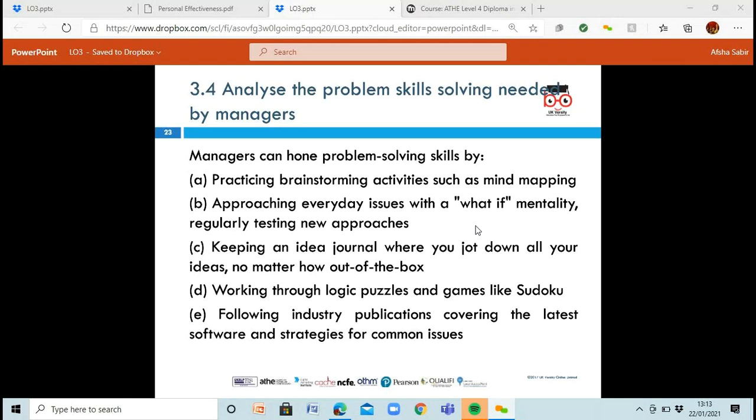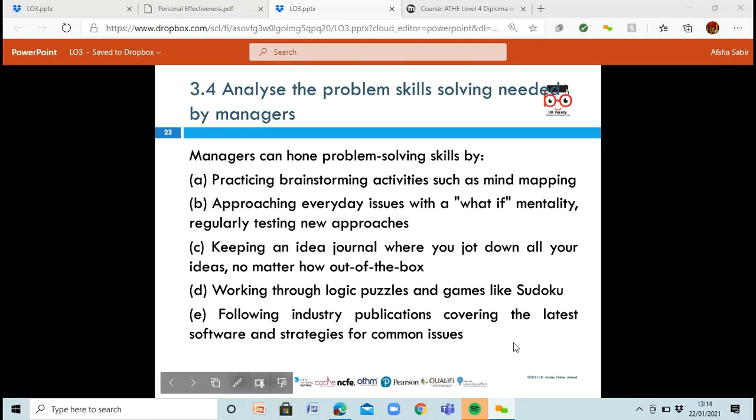Keep a journal where you can put all of your ideas down, good, bad, crazy, whatever. Even practice doing puzzles, like Sudoku or number puzzles. It's just things to develop your own problem-solving skills. There are many, like word searches, everything.